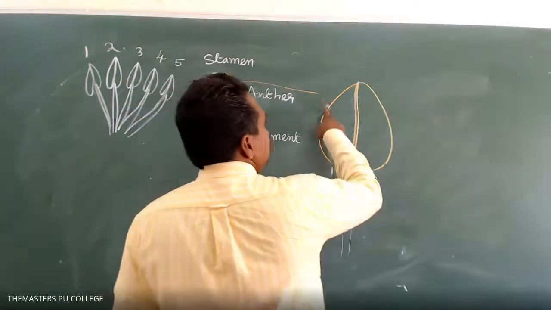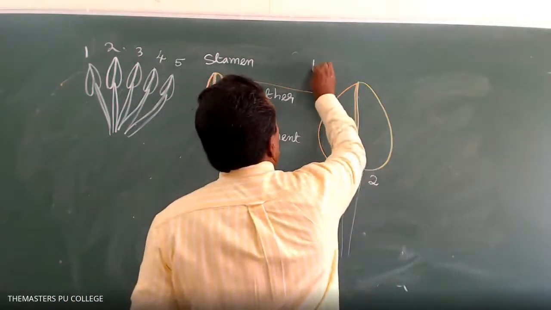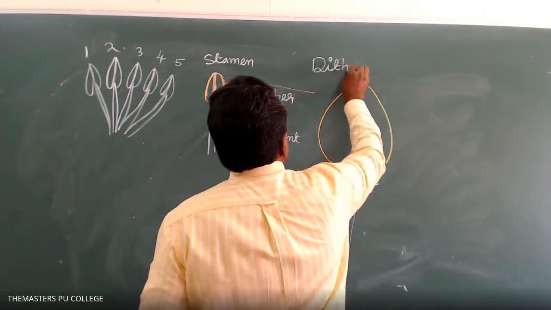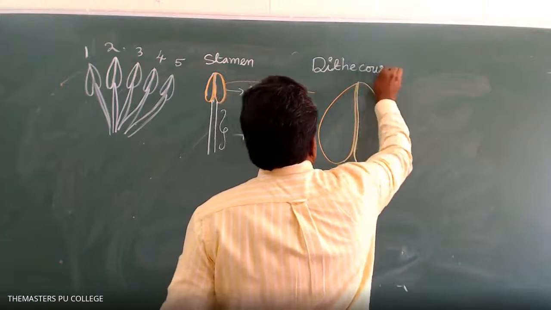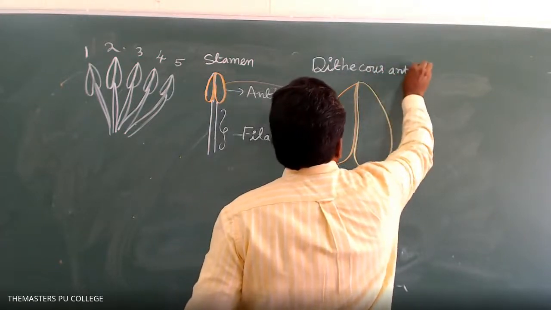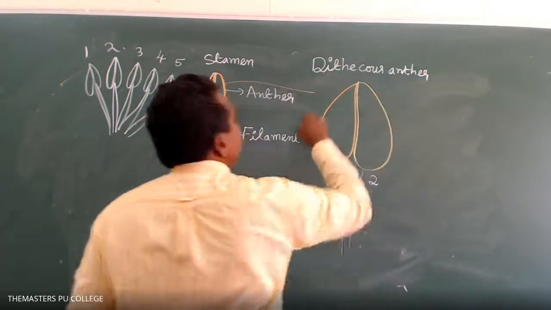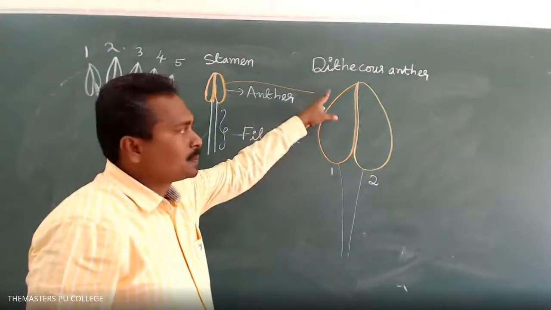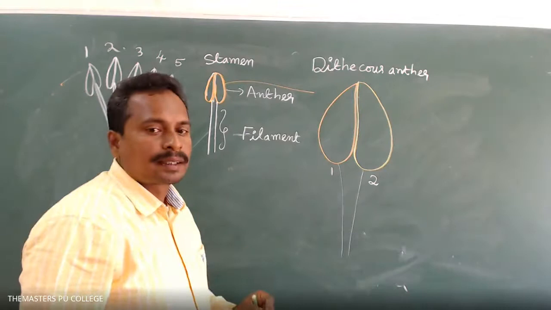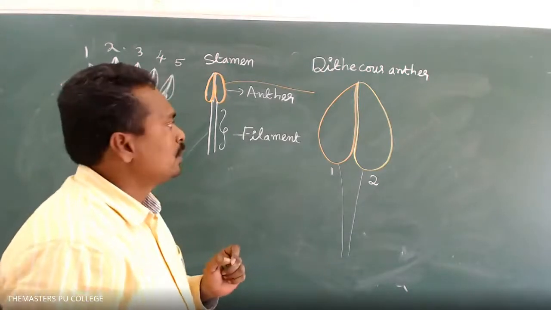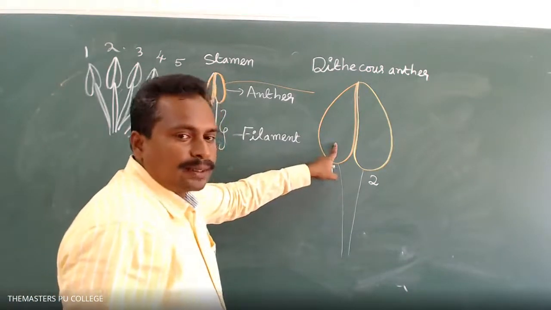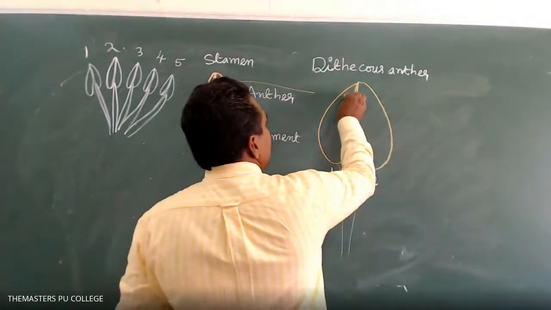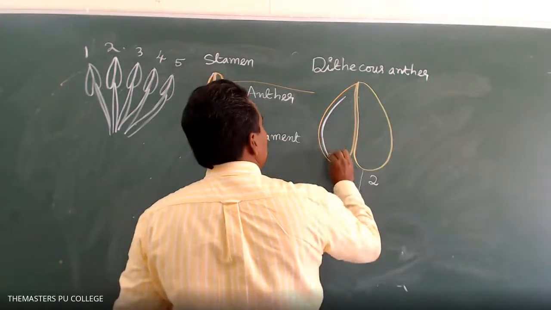If two lobes are present in the anther, that is called a dithecous anther. Dithecous means two lobes are present in the anther. That's called a dithecous anther. Each lobe consists of two chambers.